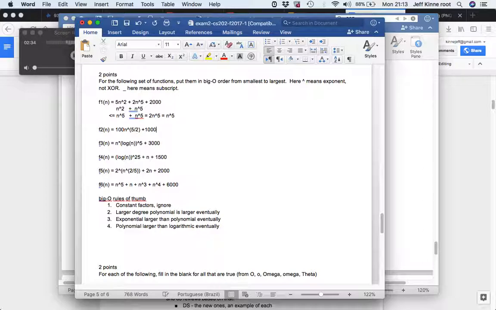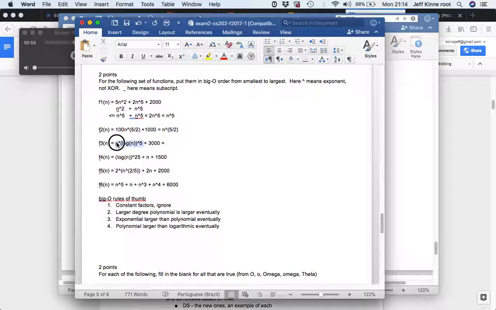Alright, similar rules. We can simplify this second one here as n to the 5 halves. The 100 times doesn't matter in terms of Big O. The plus 1,000 does not matter in terms of Big O. Alright, question for you. Now this one. First I'll tell you this 3,000 does not matter.